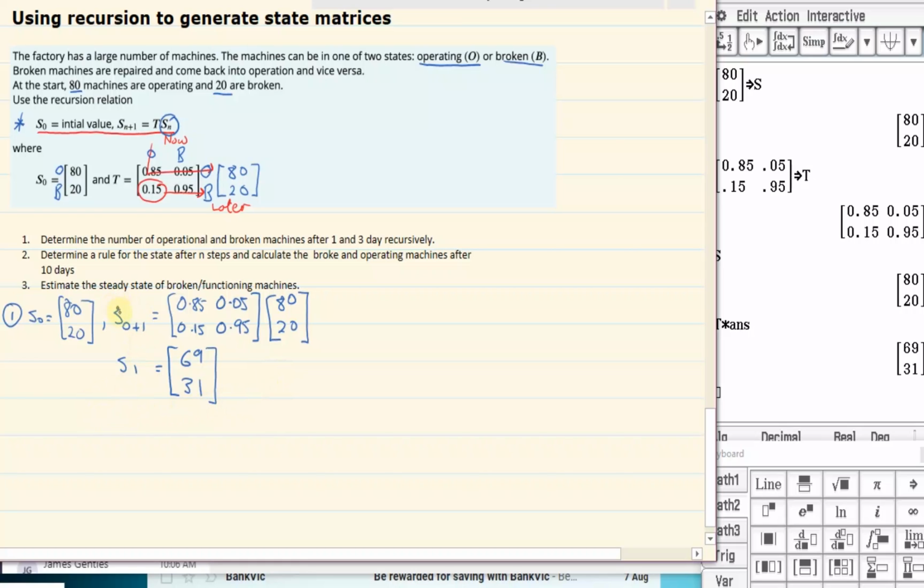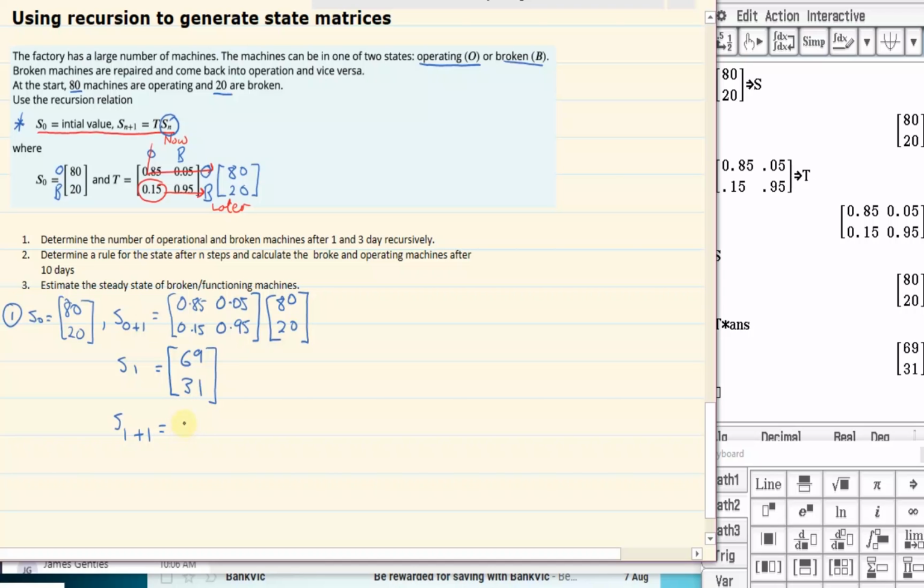Okay. And then day 3, after 1 and 3 days recursively. So day 3, we're going to start with S1 and add 1 recurrence to it, which is an application of the transition matrix.